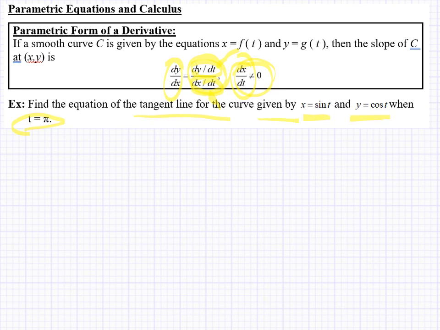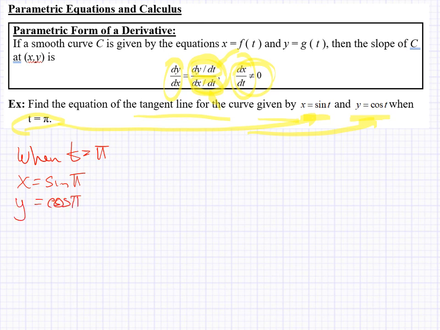Well, the point can be easily found by using that particular t and finding the x and y point. So when t equals pi, x equals sine of pi, and y equals cosine of pi. Well, sine of pi would be 0, and cosine of pi would be -1. So my point that I'm going to find the tangent line at is (0, -1).